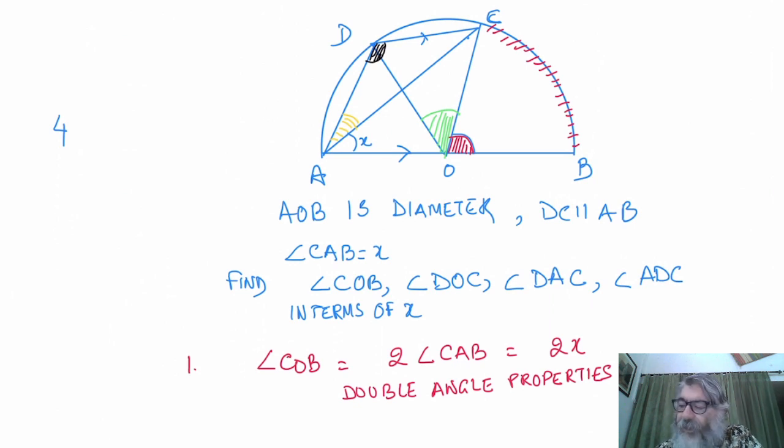Angle COB is the angle subtended by this arc CB at the center, and the same arc CB subtends angle CAB at the remaining part of the circumference, which is given as x. So this angle will become 2x. So we have got COB in terms of x.